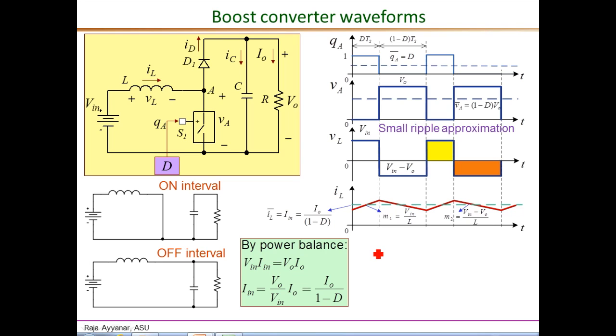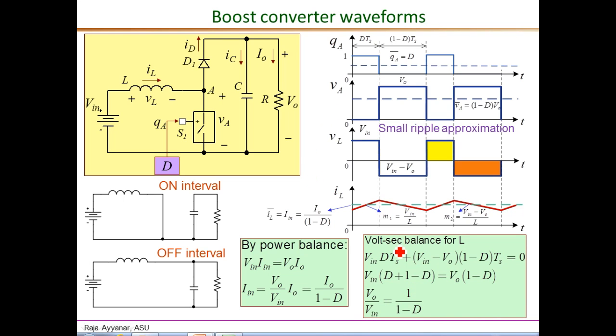Now, even though we have already derived the input-output relationship, we can also use the volt-second balance across the inductor to again derive Vo over Vin. In many other converters, it is probably easier to apply the volt-second balance to derive this relationship. So let's apply that for the boost converter case. We look at the inductor voltage waveform. During the on interval of duration d Ts, the magnitude is Vin.